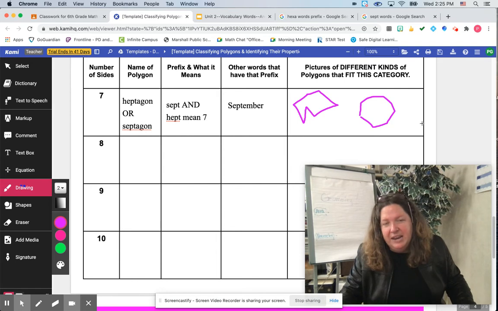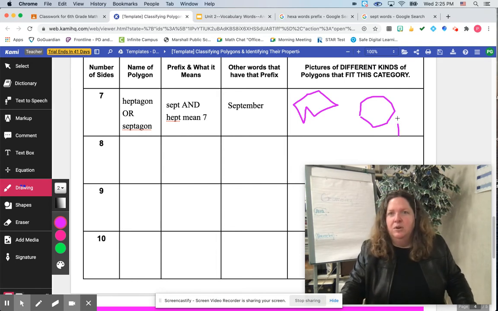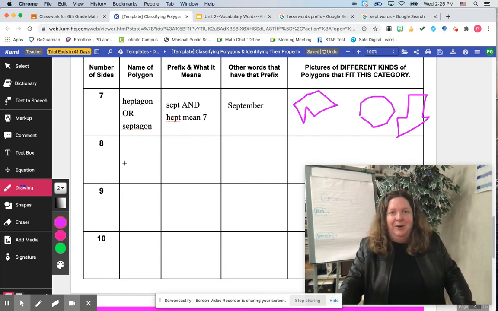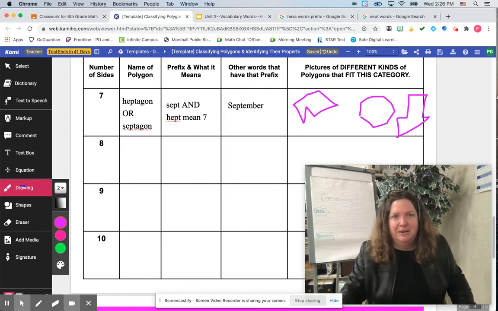Well, not quite regular, but we'll still do. 1, 2, 3, 4, 5, 6, 7. There it is. So do your best to draw different kinds of heptagons or septagons. Now, pause when you're done, and when you're done with it, come on to number 8.